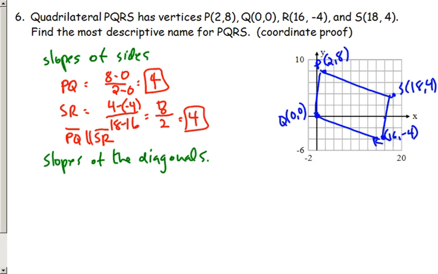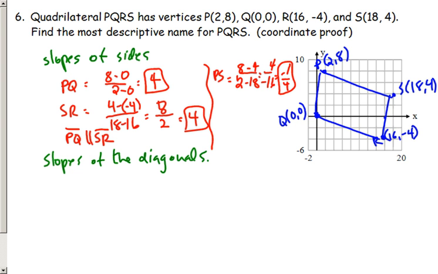All right, let's see what the other sides are. So I'm going to look at the slope of PS. PS has a slope of 8 minus 4 over 2 minus 18. So I got 4 over negative 16, or negative 1/4.